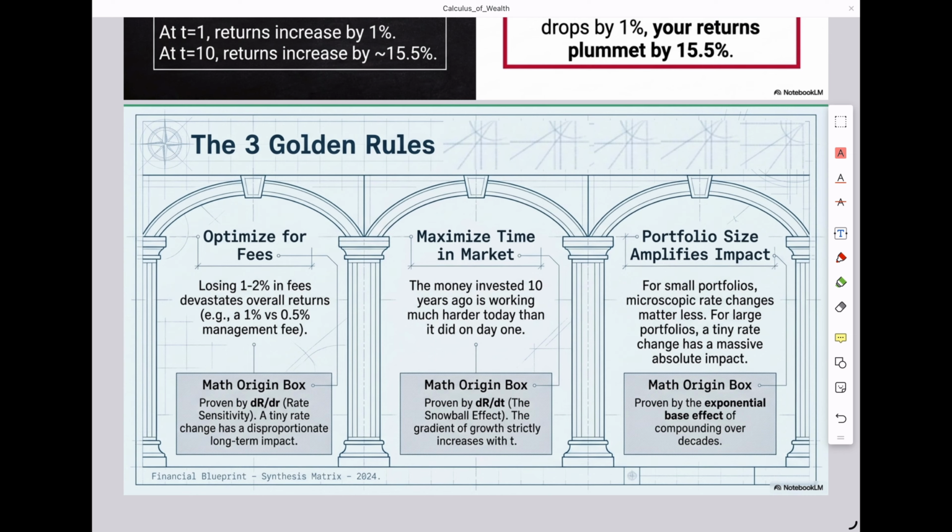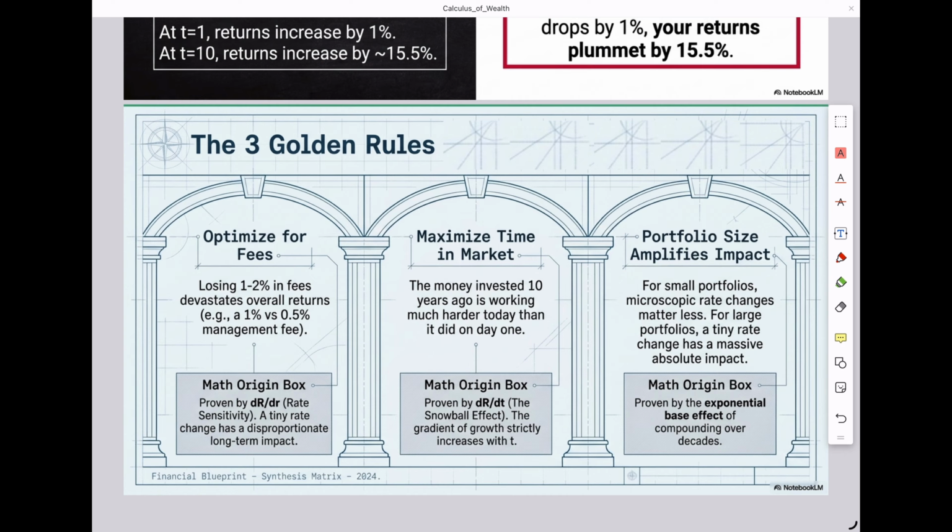I also want to maximize my time in the market because we have seen that your money working in the first year is less hardworking than the money that is working in the 10th year. We showed this in the snowball effect, which is dR over dt. The last golden rule is that your portfolio size amplifies impact.